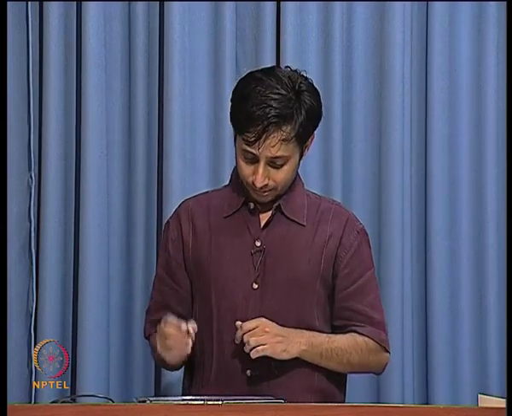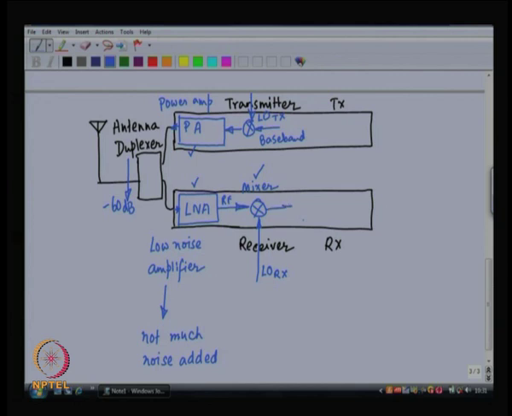So, in that case, the duplexer gives you 60 dB of isolation, which means that the transmit power that you have received is 40 dB more than the signal that you would otherwise want to receive. So, it basically kills what you want to hear, you do not want to hear this.